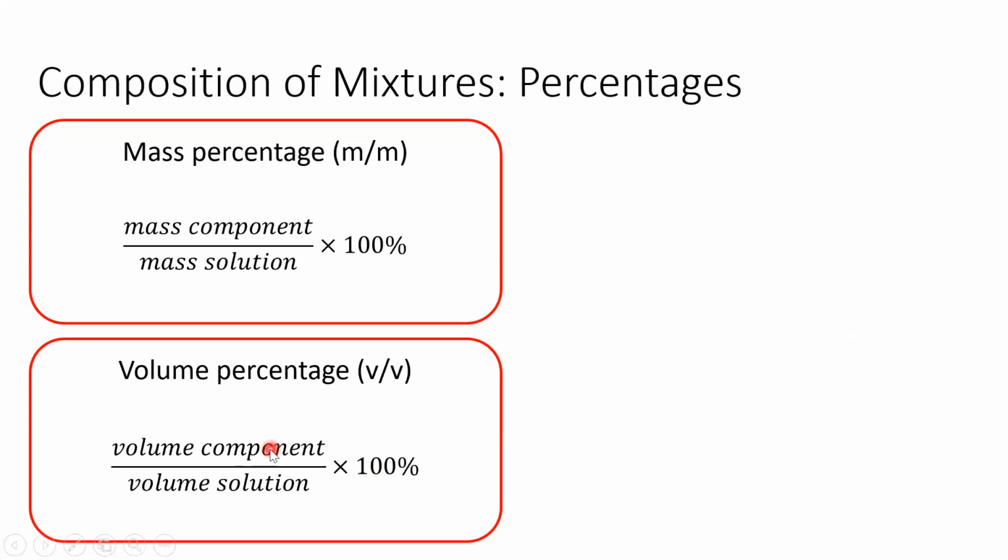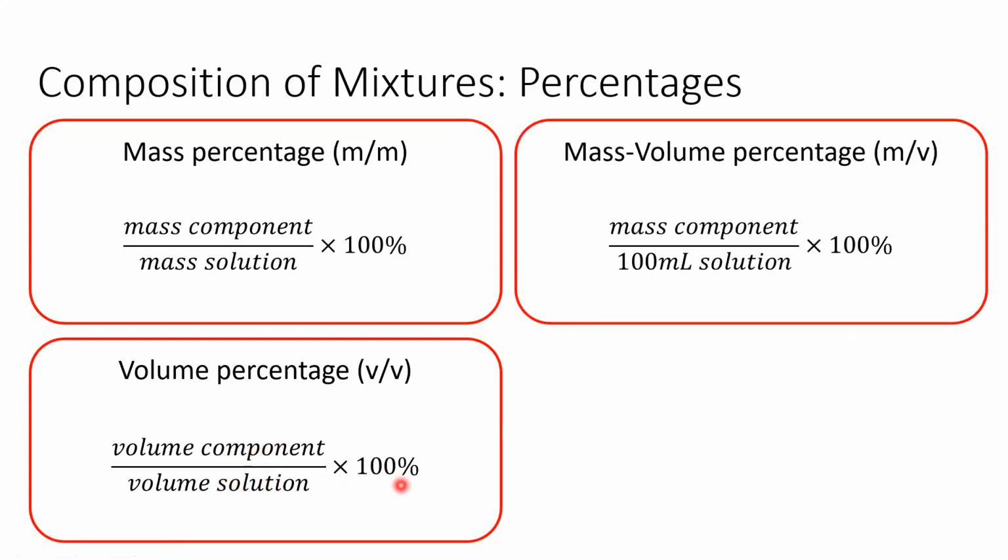We would take the 10 milliliters divided by the 100 milliliters times 100. Or we could do it in terms of mass volume percentage: the mass of the component, the part of the solution that we're looking at, divided by 100 milliliters of solution times 100 would give us the mass volume percentage.